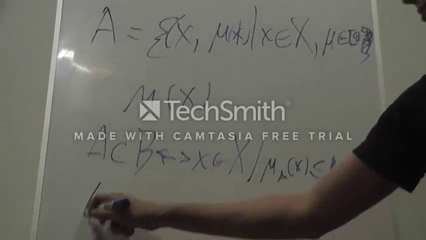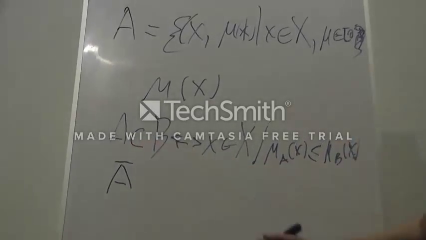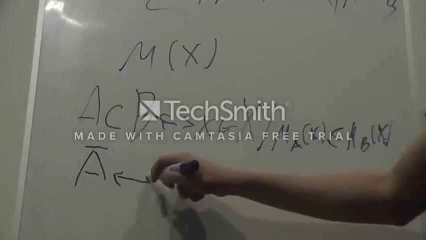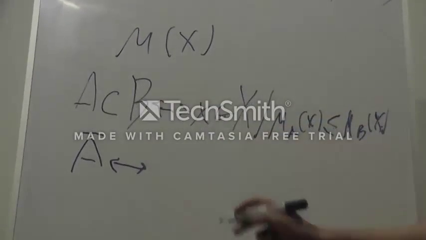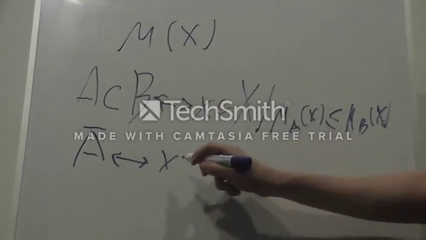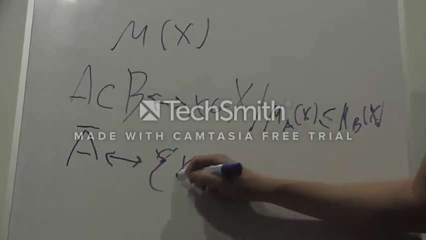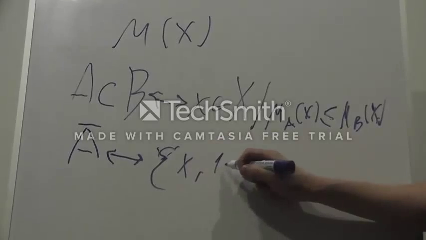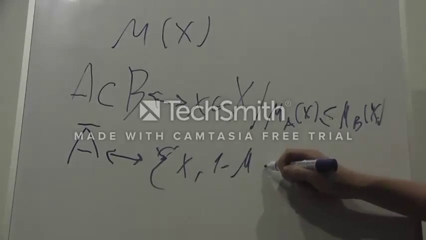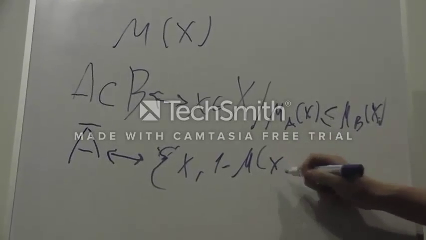Standard complement, which means all except A, is, as you can guess, the set of x with probability 1 minus the membership of x.